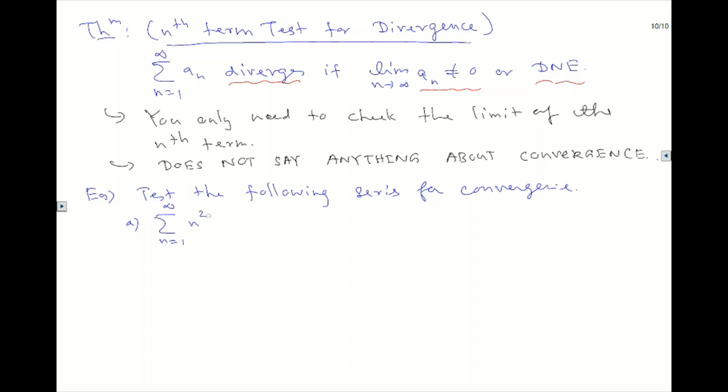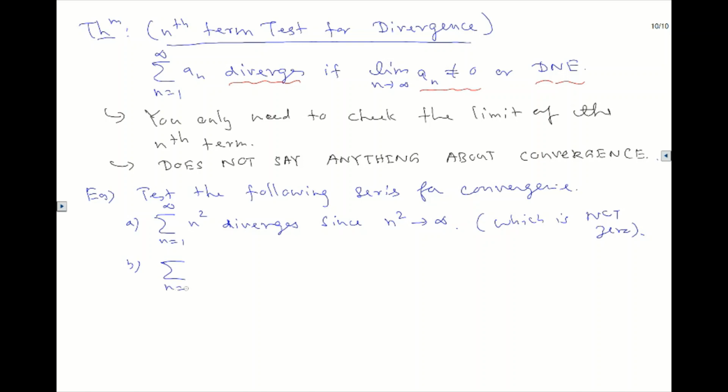What will happen when n goes to infinity? This goes to infinity, so the series has to diverge, since n squared goes to infinity, which is not 0. It's very clear.